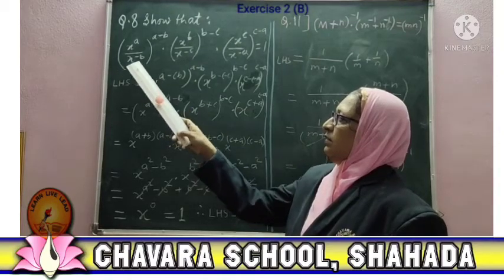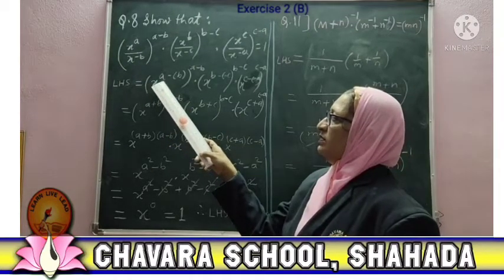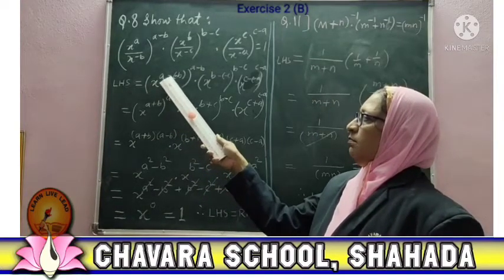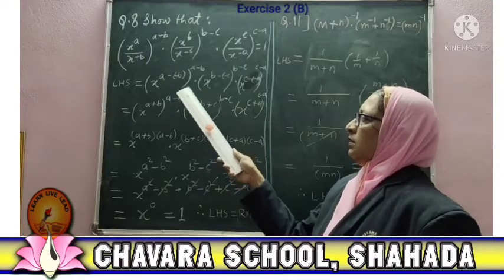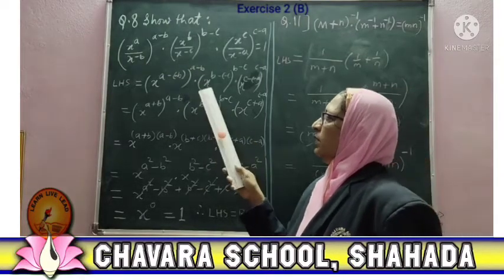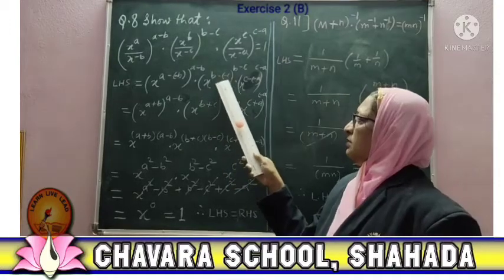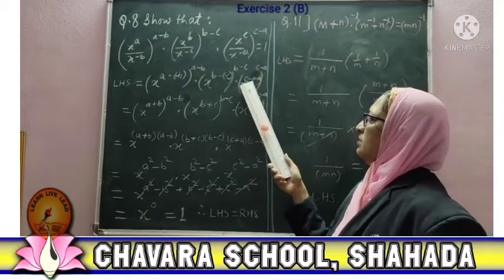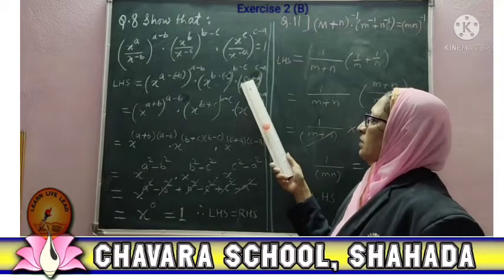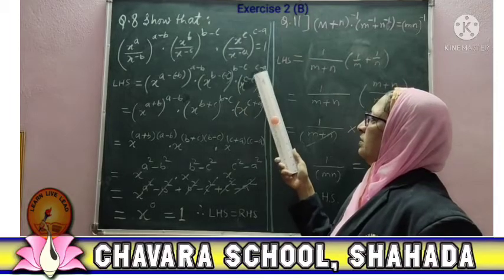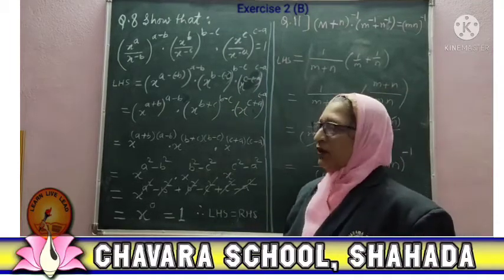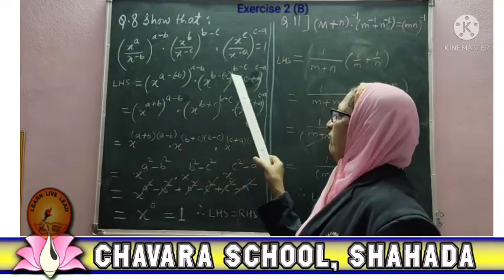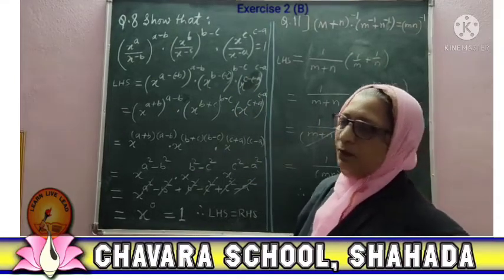As the bases are equal and division is there, we will subtract the powers. So here x to the power a minus negative b, the whole power a minus b, into x to the power b minus c, the whole power b minus c, into x to the power c minus negative a, the whole power c minus a, is equal to, this negative will become positive in every term.